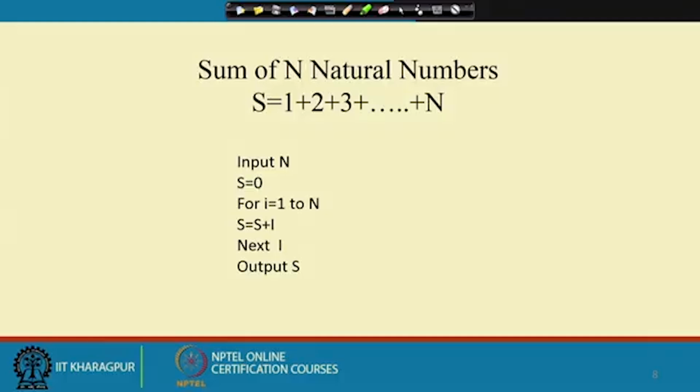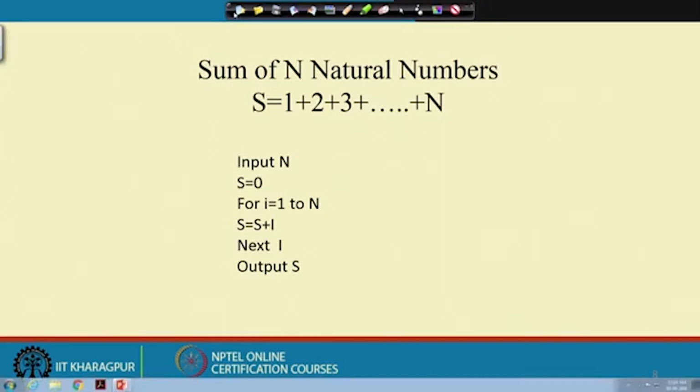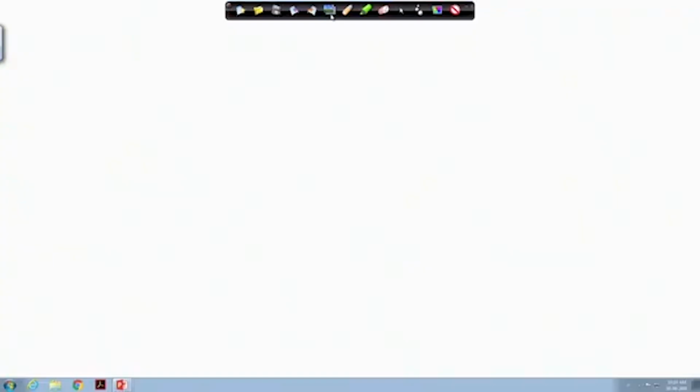So, n I can specify as 100, 150, 200, 1000, any value I can set. So, how can I implement this particular circuit? So, first consider S equals 1 plus 2 plus 3 plus up to n.